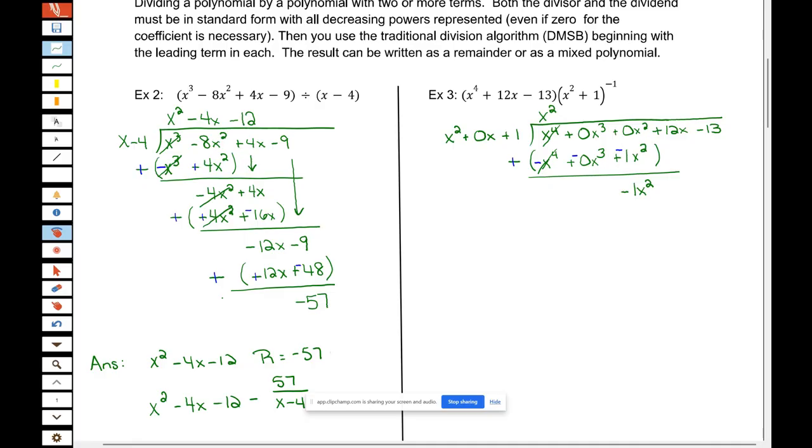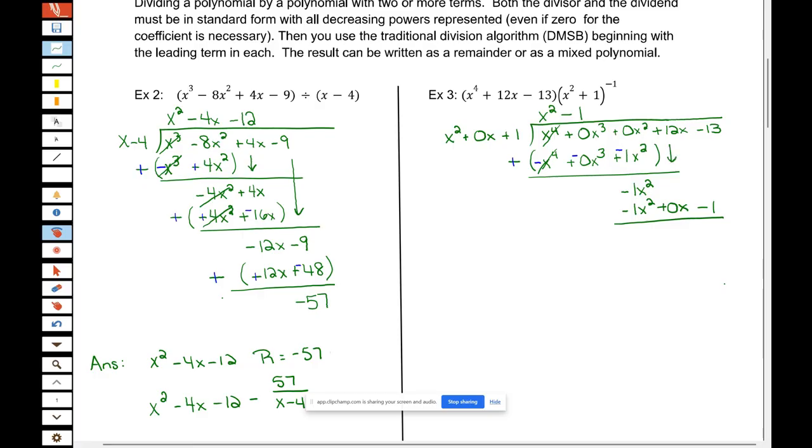What do I need in order to multiply and get negative 1x squared? I need a negative 1. Negative 1 times x squared is negative 1x squared. Negative 1 times 0x is 0x. Negative 1 times 1 is negative 1.